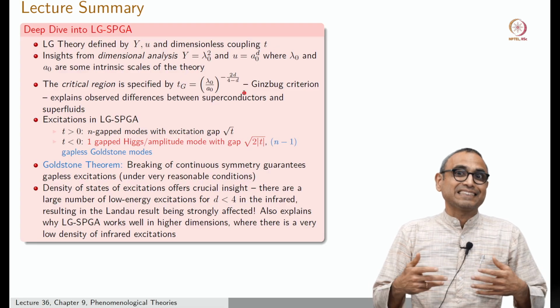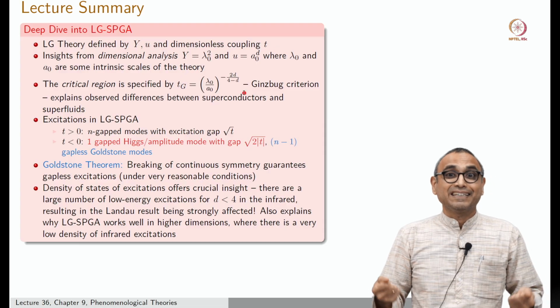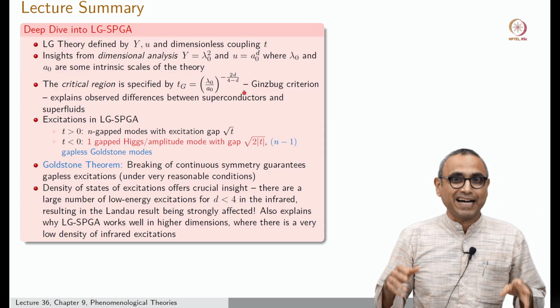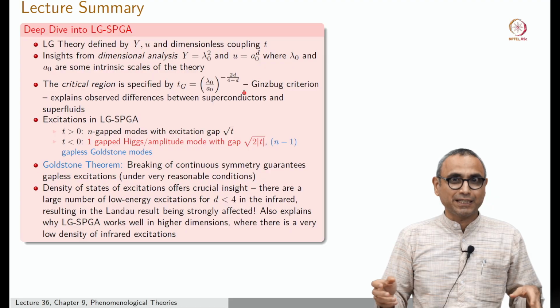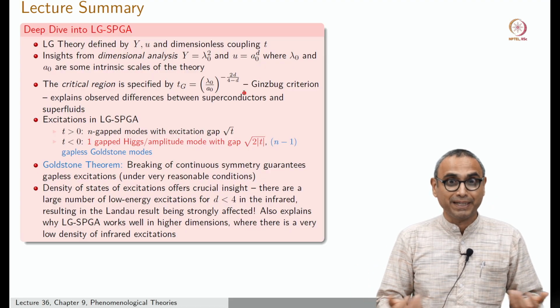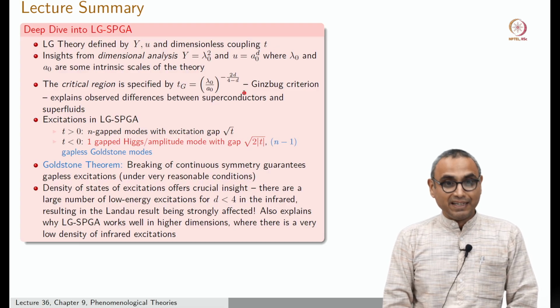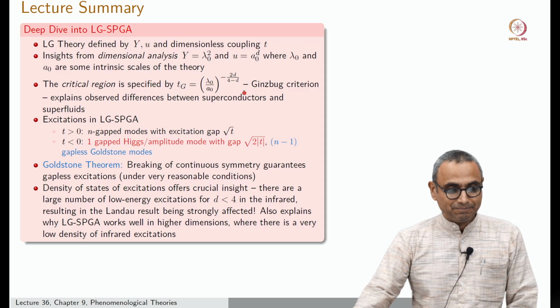It is this absence of low energy excitations in higher dimensions that is protecting the Landau exponents from fluctuation effects, and that is why the Landau exponents become better and better when you go to higher dimensions. So, this is very insightful, as you will readily agree.